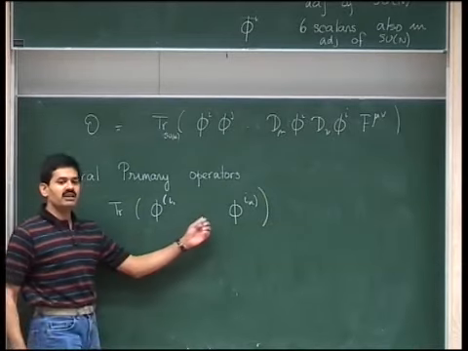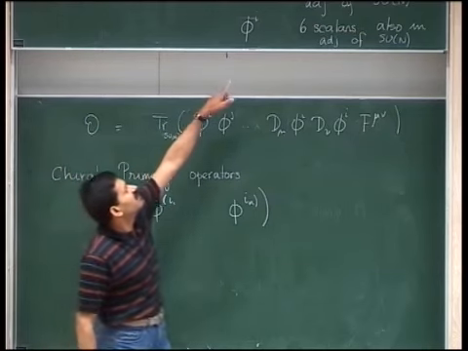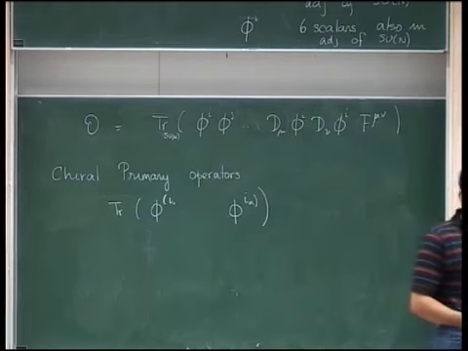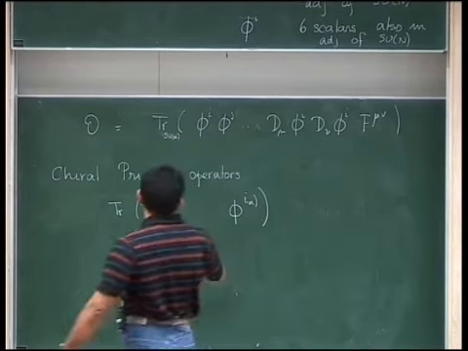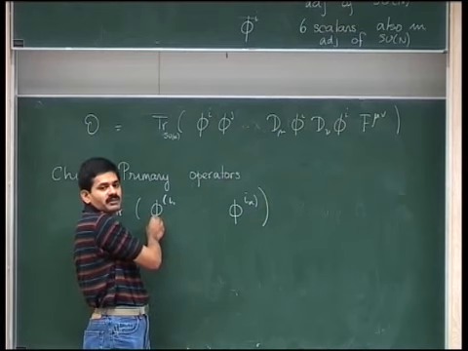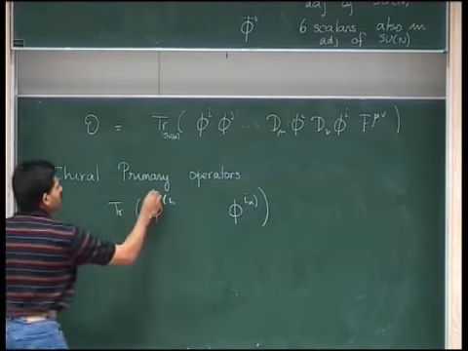I take n scalars, each of them carries an index. There are 6 of them. They transform in the 6-dimensional vector representation of SO(6). I string them together and take a symmetric traceless combination of n of these objects. There are the brackets here, these brackets.